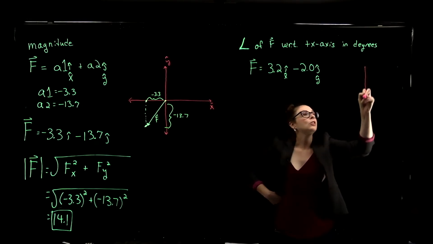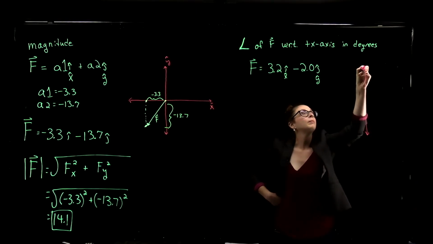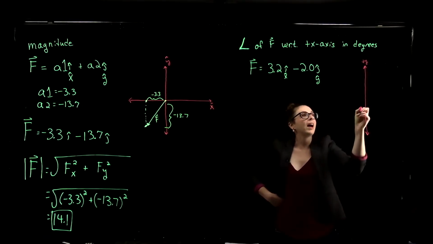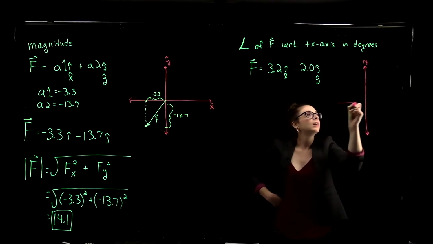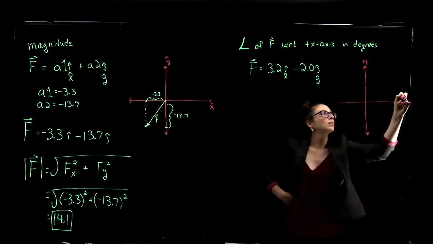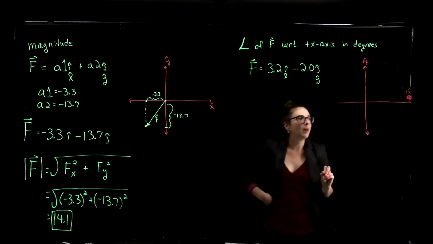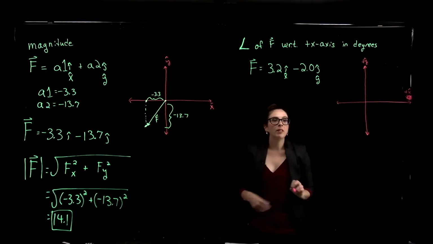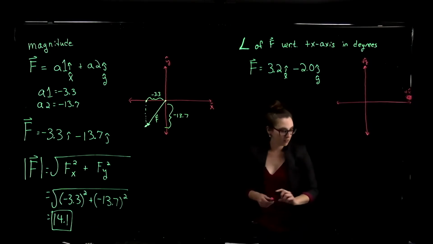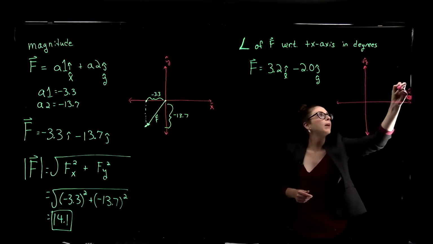So here again, I'm going to draw my coordinate system. Here's my y hat axis. Here's my x hat axis. Oops, this is x, right? Y hat. Oh, sorry, that's kind of off the page, isn't it?